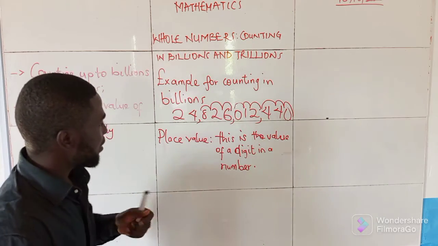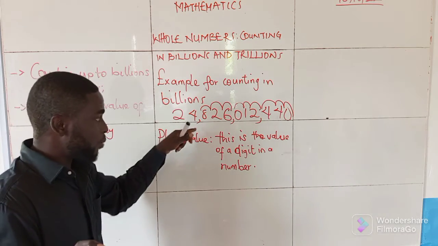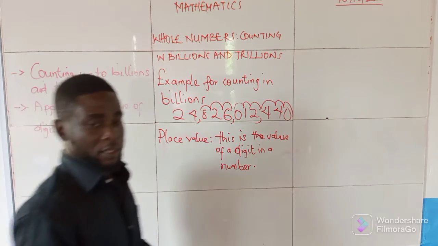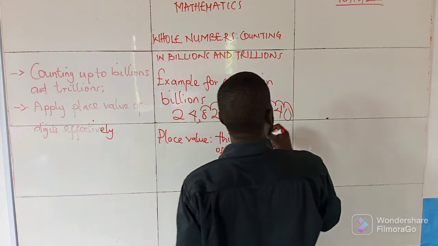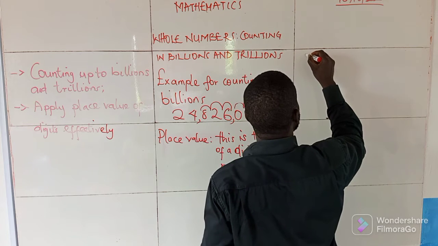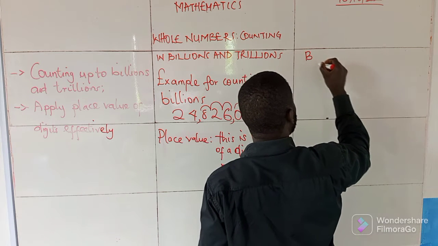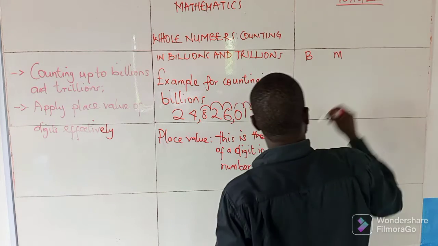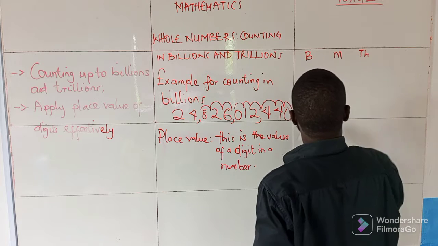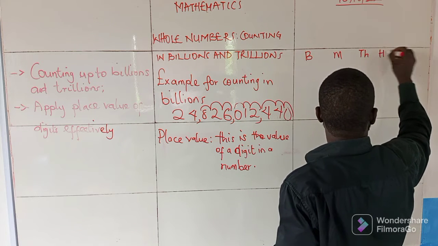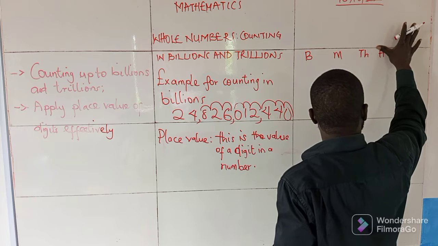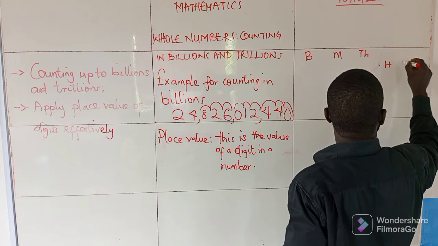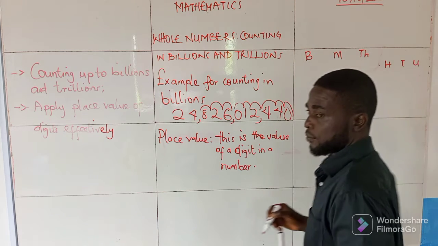I will split this number in a very simple tabular form, in a bid to help you understand. So I will do the billion signified as B, the million signified as M, the thousand, TH, the hundreds, tens, and units.